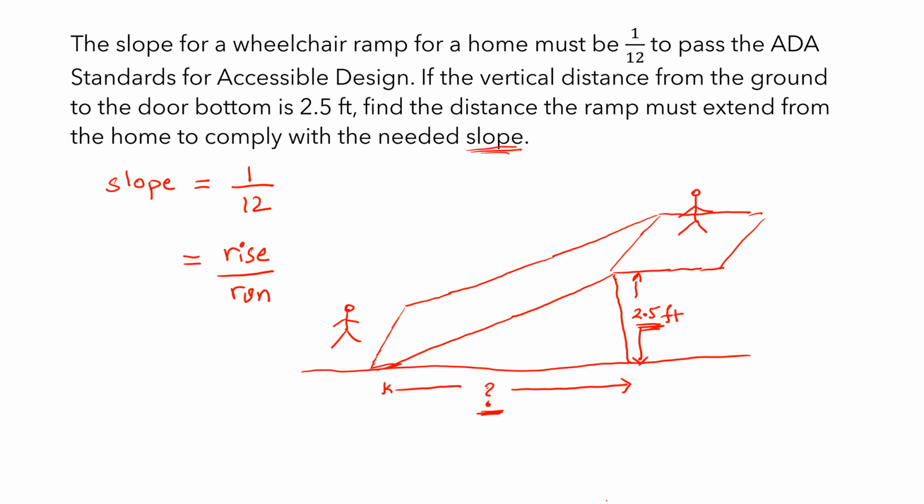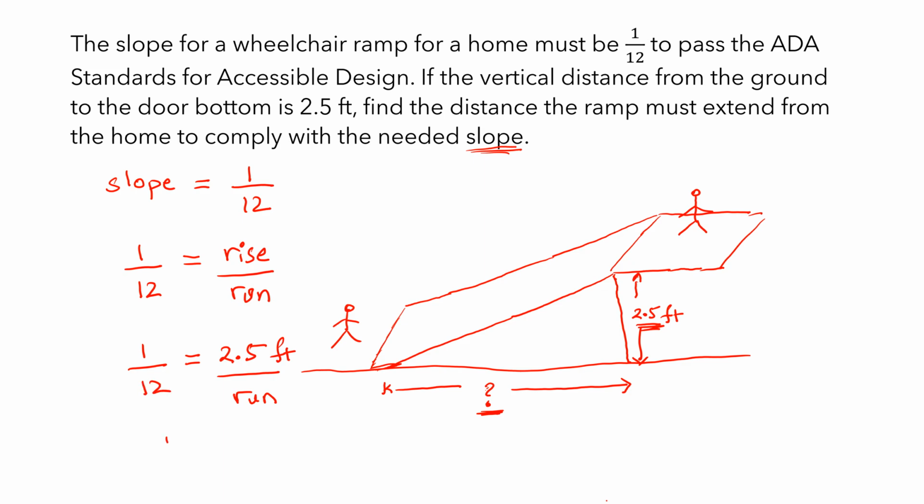So let's plug in the values. Slope is 1 over 12 by the standard, equal to rise over run. The rise is 2.5 feet. Run we are looking for.